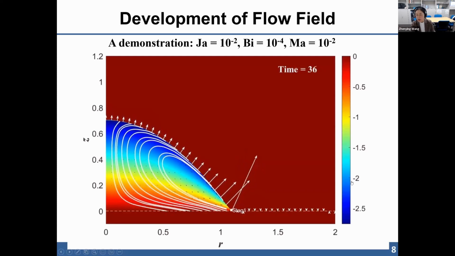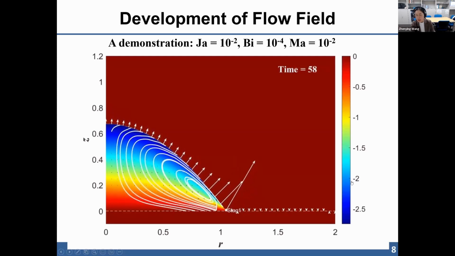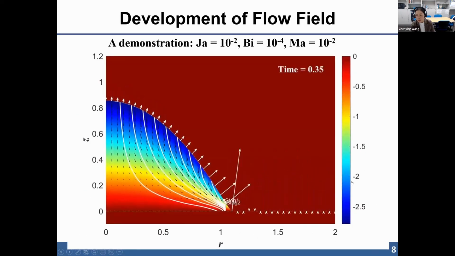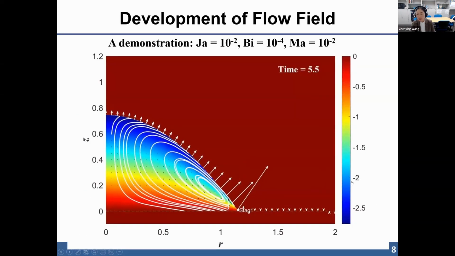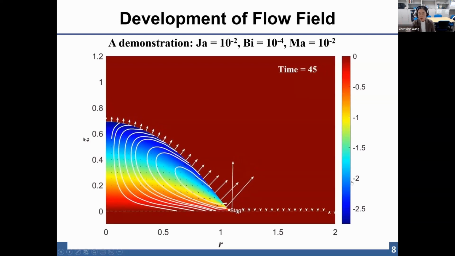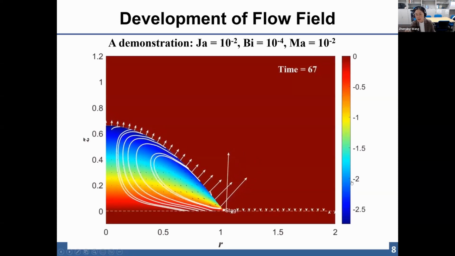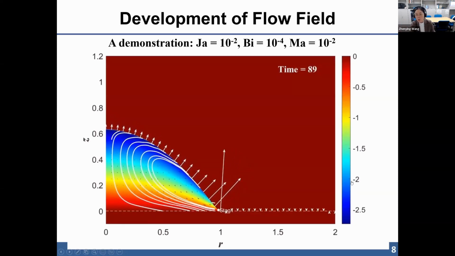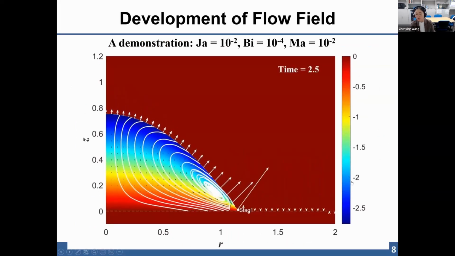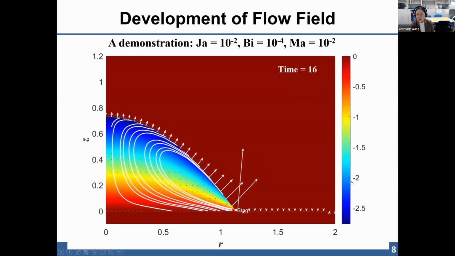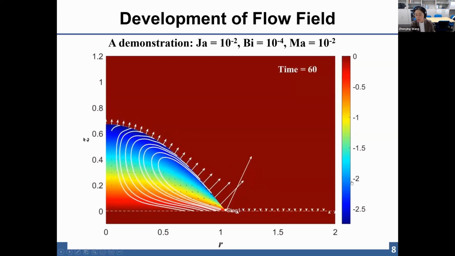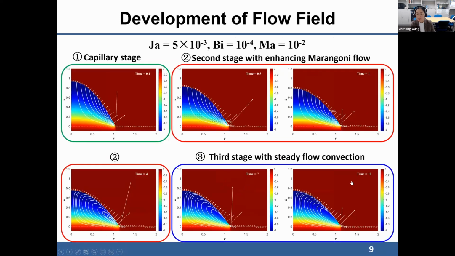Then, because of the evaporation effect and the formation of a temperature difference along the droplet surface, a thermal Marangoni flow will develop, which will reverse the flow direction inside the droplet, and it will form a vortex inside the droplet until the droplet fully evaporates. This is how the flow field develops when a droplet contacts the substrate and evaporates.